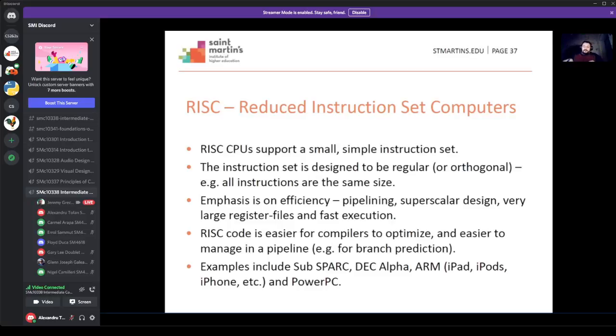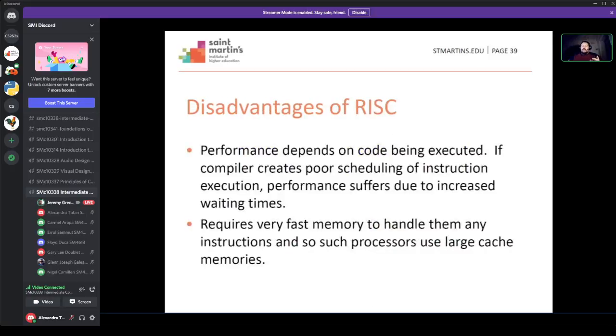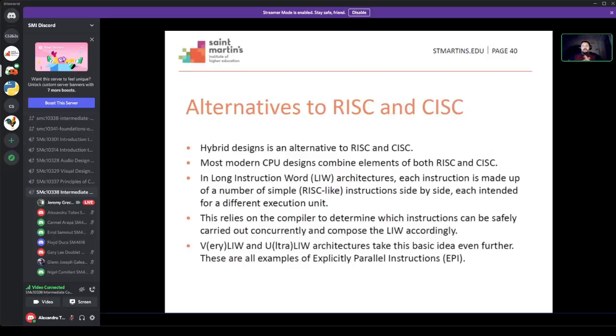Ideally, you would have something which works in the middle. In fact, there exist hybrid systems, which are an alternative to a RISC or a CISC CPU. Most modern CPU designs have elements of both RISC and CISC instruction sets.